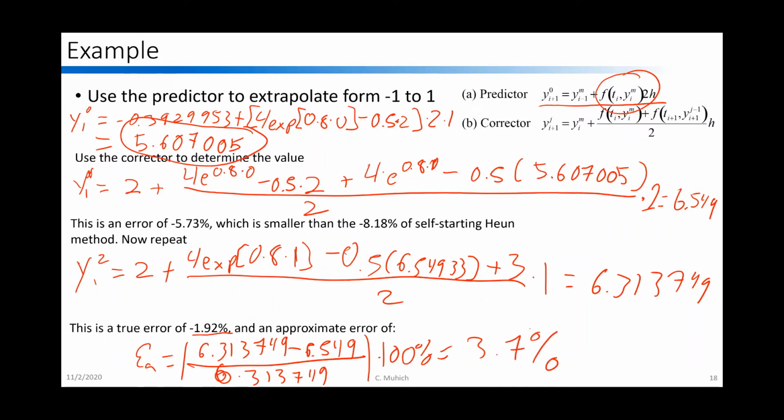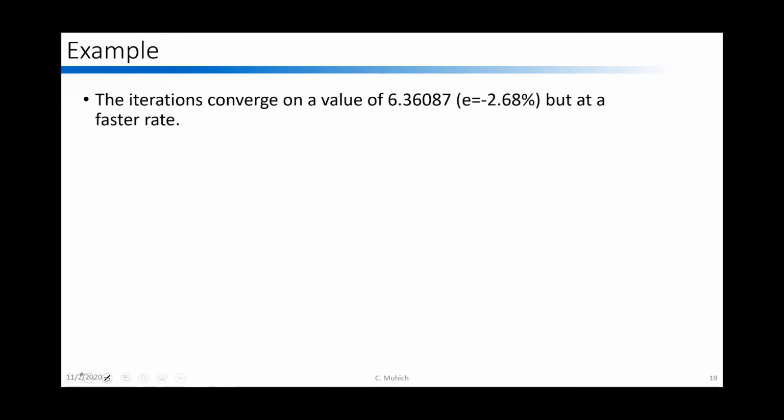Right? So you can see that this new value is coming in at a faster rate than we had before. So we can now go ahead, we get this converged if we do this again and again, and then we're ready to move on to the next step.